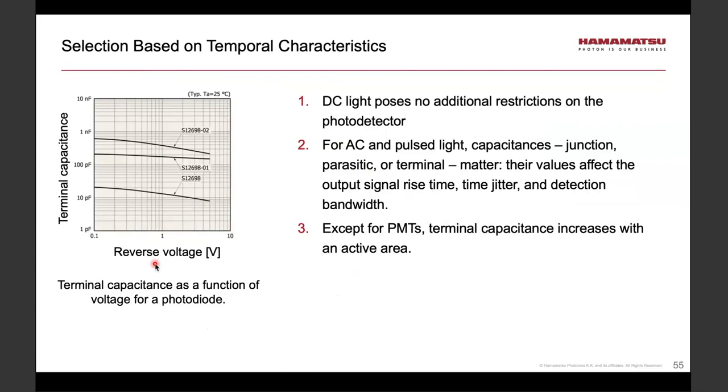So there we have a compromise when it comes to active area between the amount of signal, because smaller active area captures less light, versus larger active area, and the bandwidth. So there's a trade-off between the two.